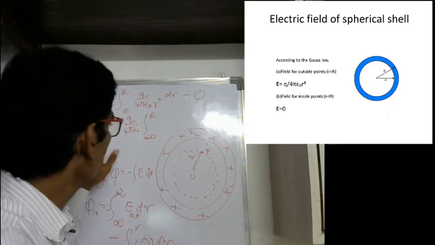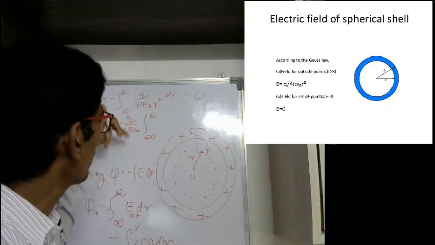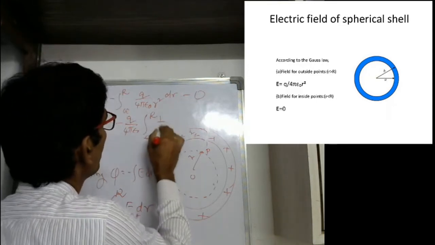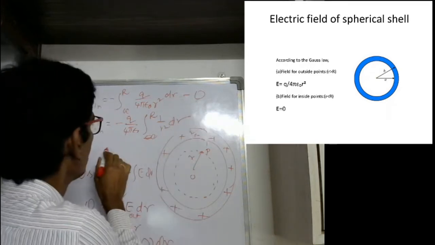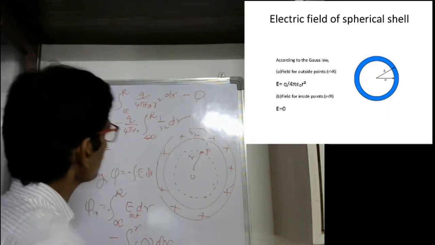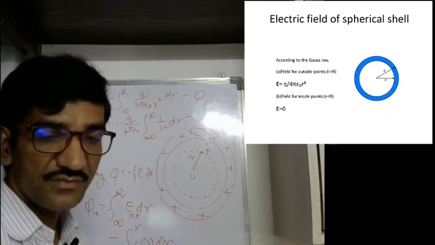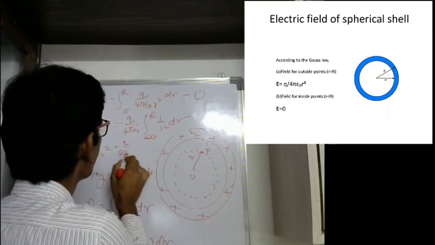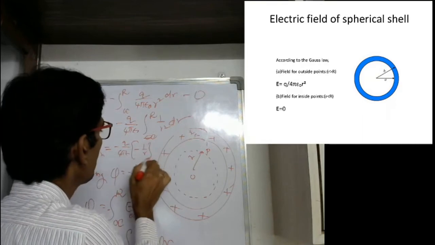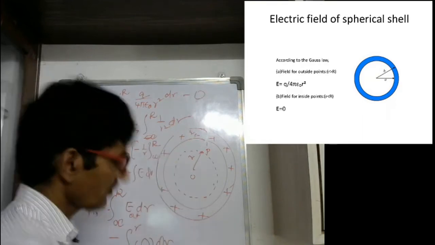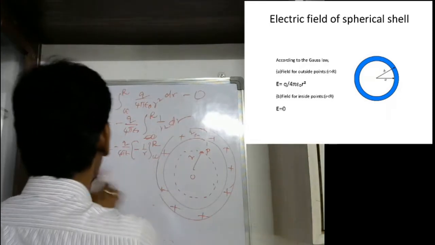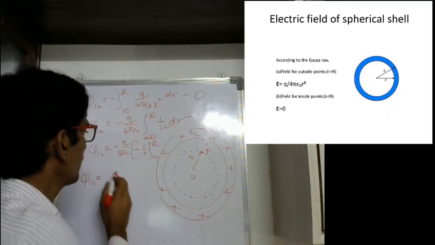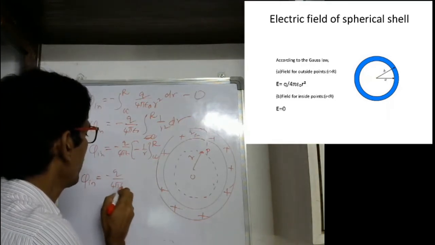So what is phi in now? Minus, take q by 4 pi epsilon naught outside, limits of integration are infinity to R, 1 by r square dr. Now what is the integral of 1 by r square? This is 1 by r, infinity up to R. So now you have phi in is equal to minus q by 4 pi epsilon naught.